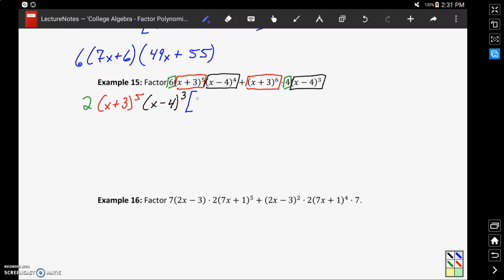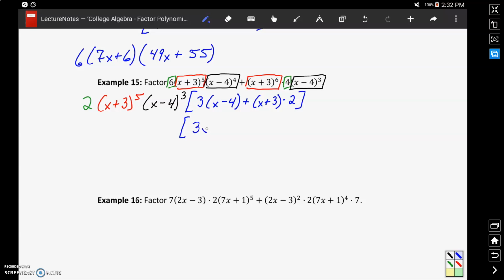We factored out a 2, which will leave us with 3 times the quantity x minus 4. And then in the second term, we still have x plus 3 left over. And where we had 4 but factored out a 2, that will leave us with 2 left over.